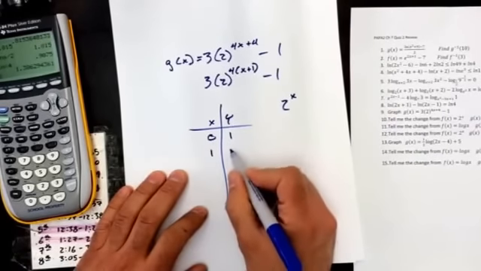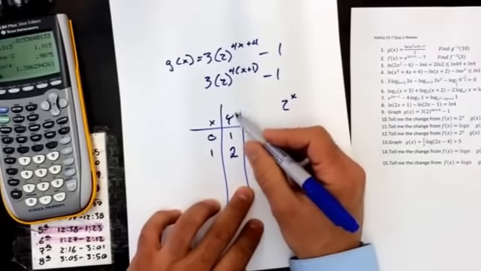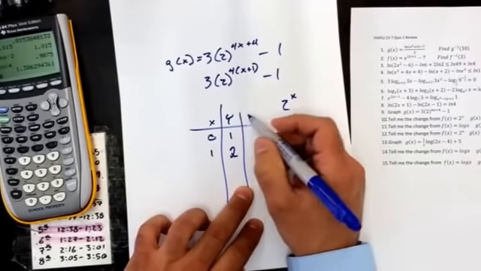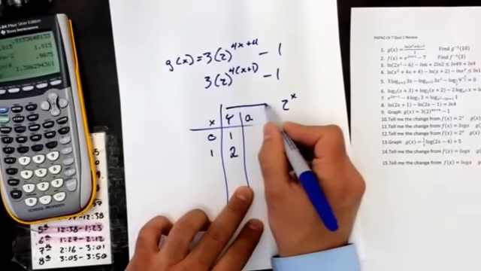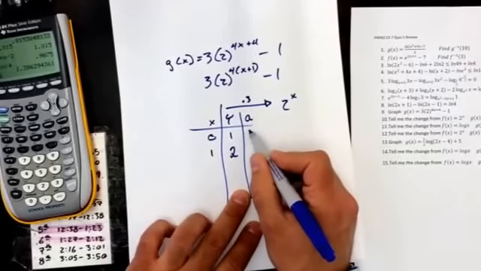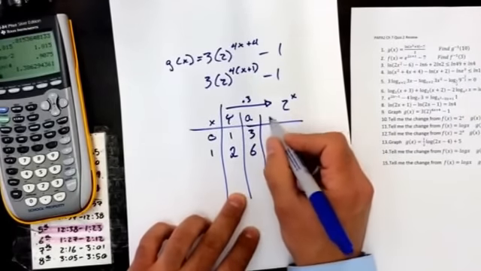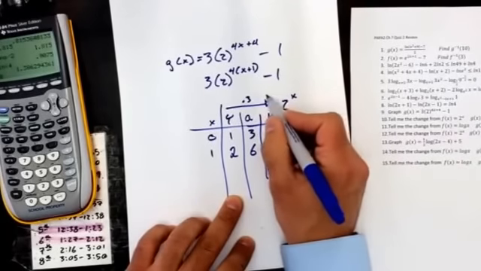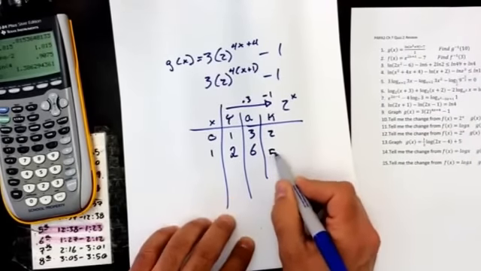If x is 1, is going to be 2. Now I'm going to see what my a value is here. So a is 3. So I'm going to multiply by 3. So 1 times 3 is 3. 2 times 3 is 6. And my k value is -1. So 3 minus 1 is 2. 6 minus 1 is 5.